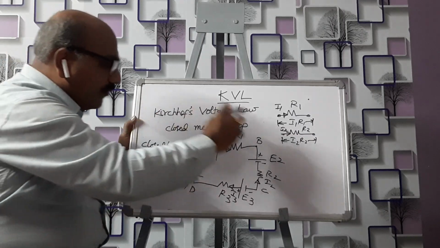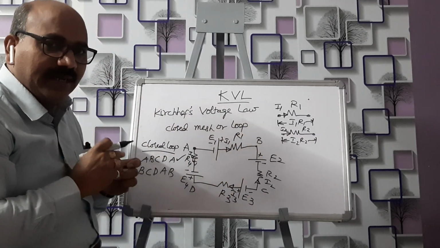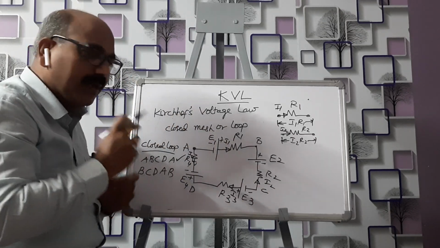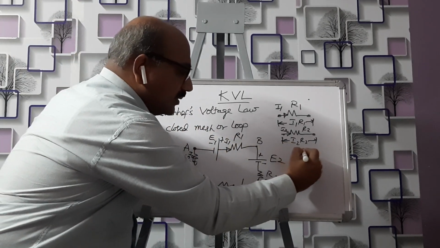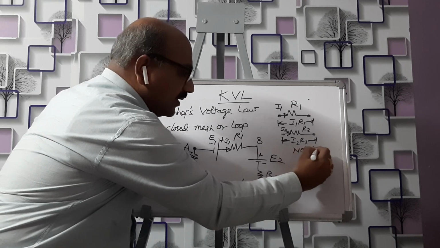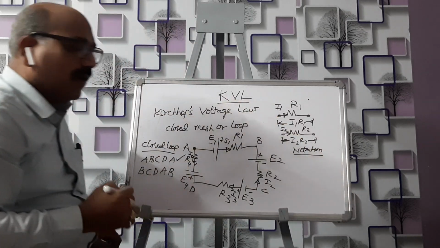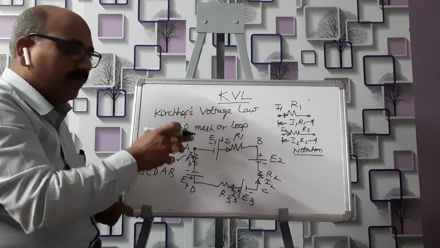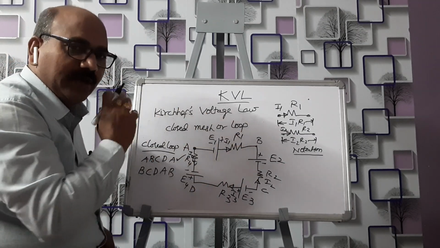Just like Kirchoff's current law, while applying Kirchoff's voltage law we must follow some notation, or convention. So before applying KVL to this closed loop, we follow the rules.